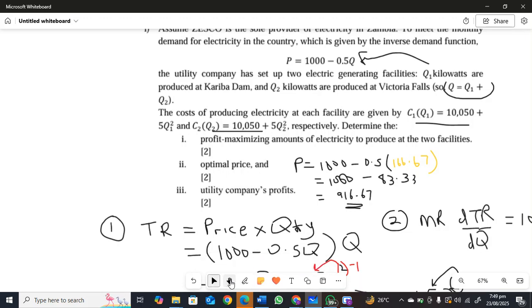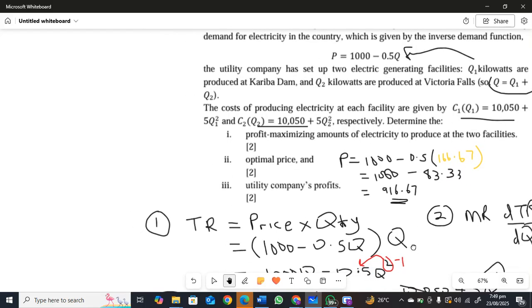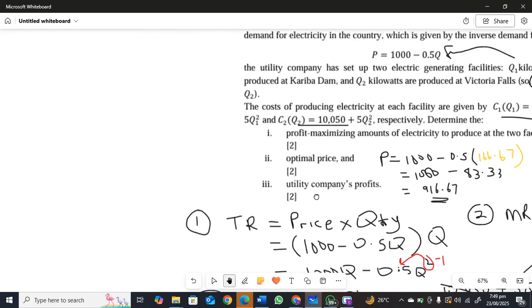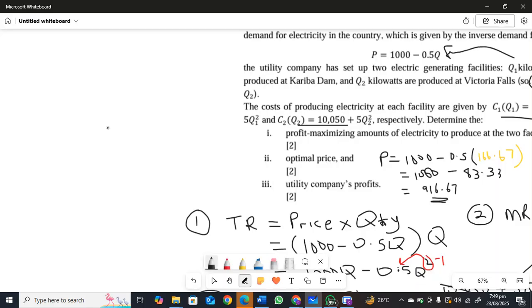Then part 3, get the utility company's profits. Remember this formula: profit is total revenue minus total cost. So for total revenue, you bring in your revenue function.